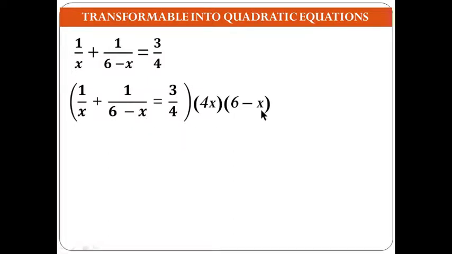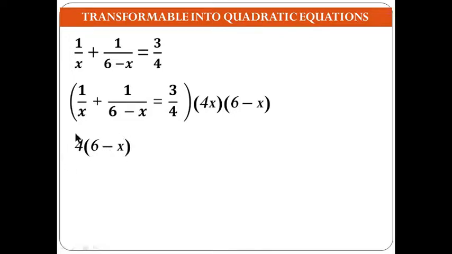So, divide 4x times 6 minus x by x. Ang matatanggal dito ay yung x, so maiiwan ay 4 times 6 minus x.